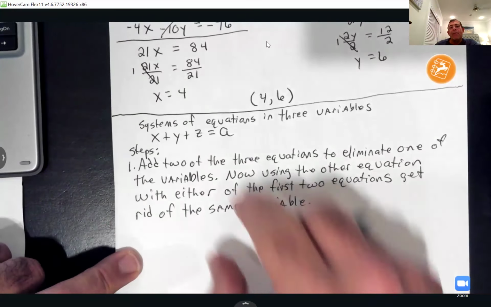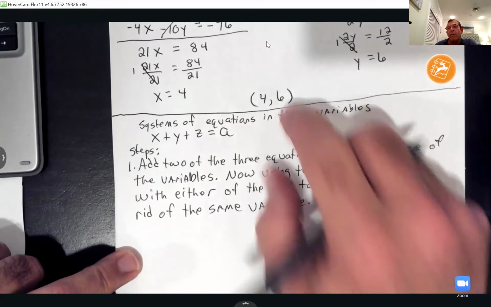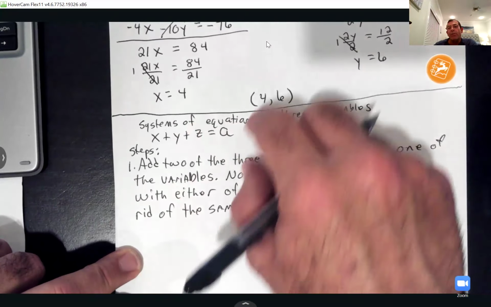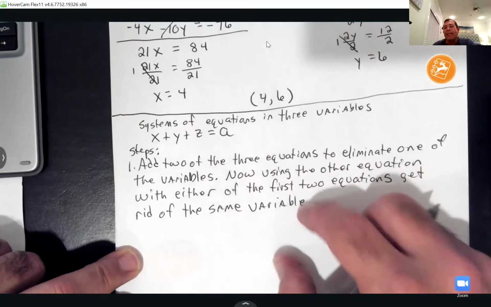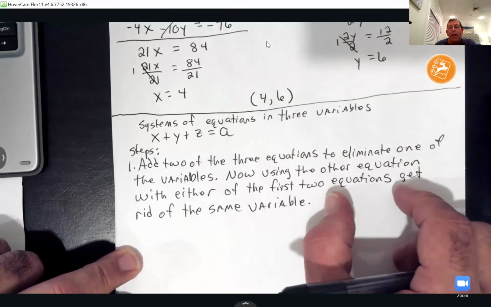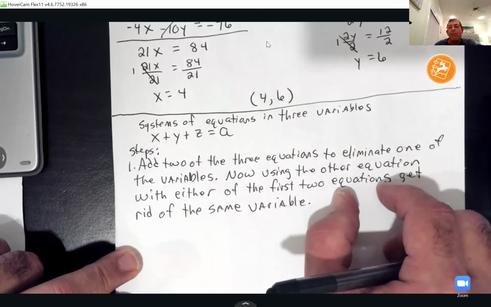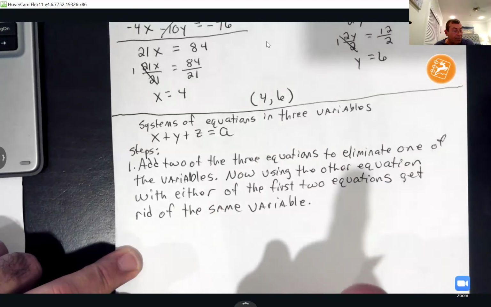So that means if I got rid of x's when I added the first two, when I pick that third equation with either one of them two, I got to get rid of the x's again. That way, I got two equations that have y's and z's only in them.